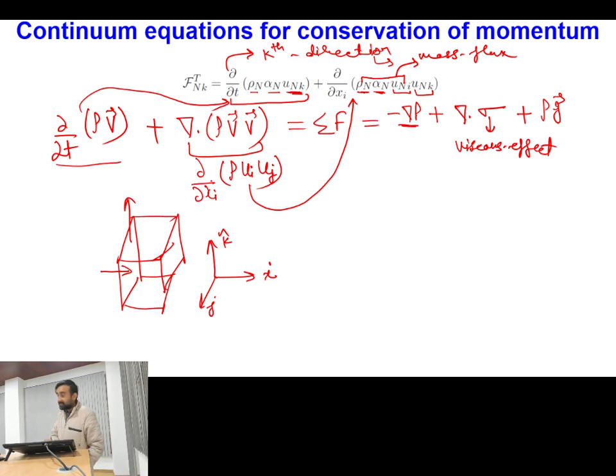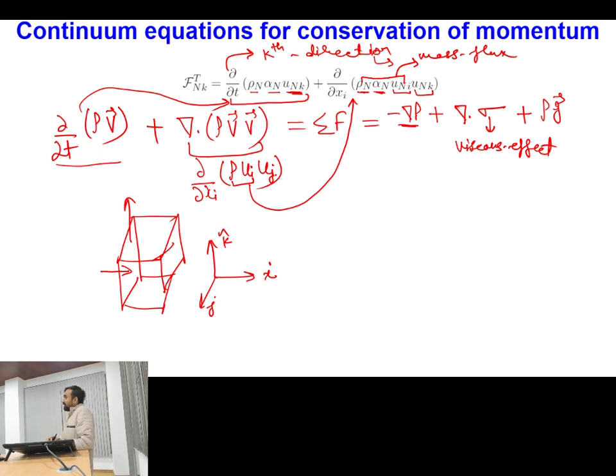When I have written this tensor notation, it is a similar thing over here also, rho ui into uj, where rho ui represents the mass flux of the phase for a single phase flow problem, and uj is nothing but momentum.